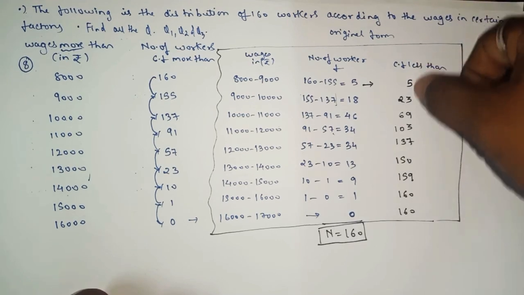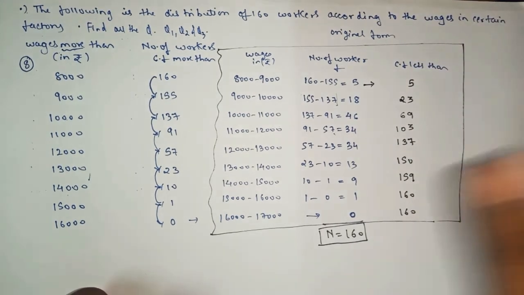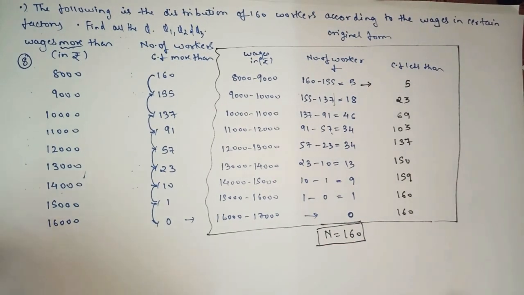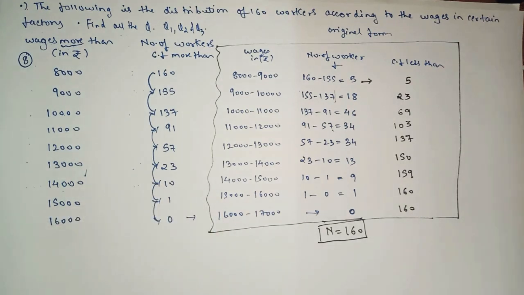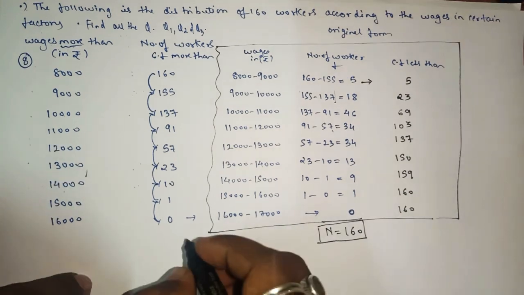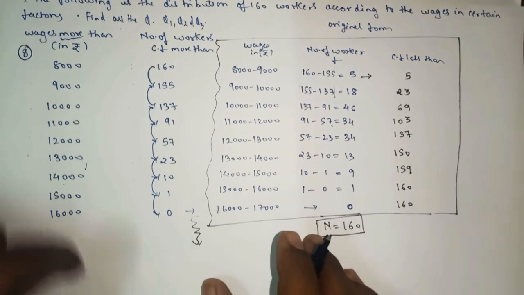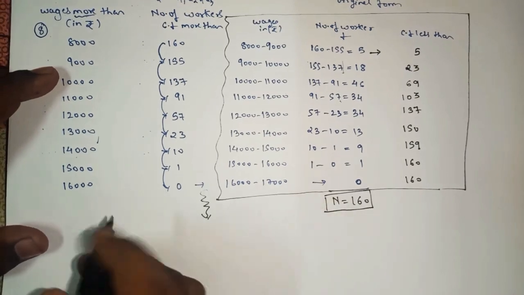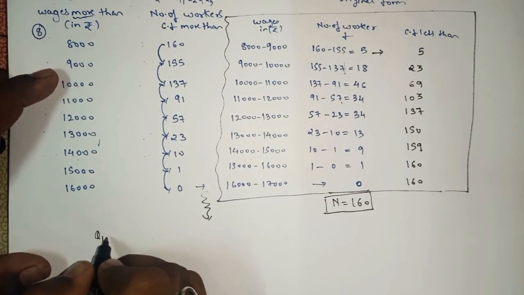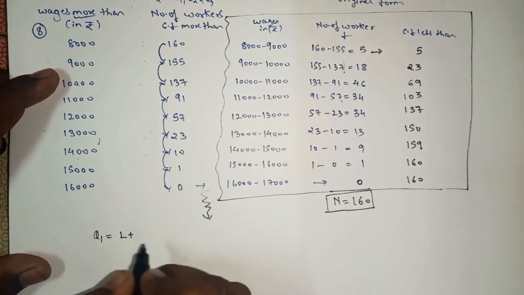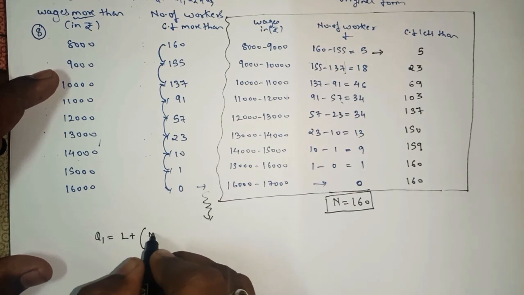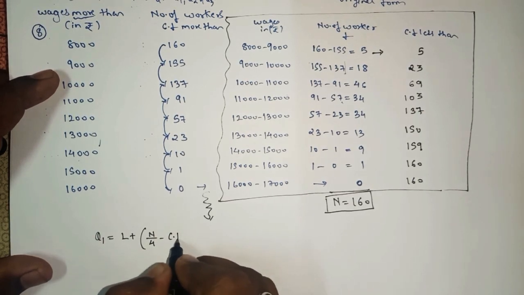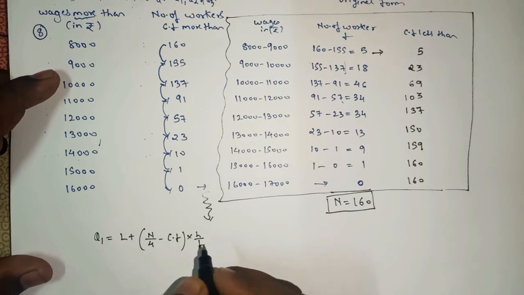And then I hope you all know how to find the cumulative frequency less than. Now for this sum we have to find all the quartiles, and the rest I hope you all can try by yourself. I will just write the formulas for all three quartiles. Q1 is L plus n by 4 minus Cf into h upon f.